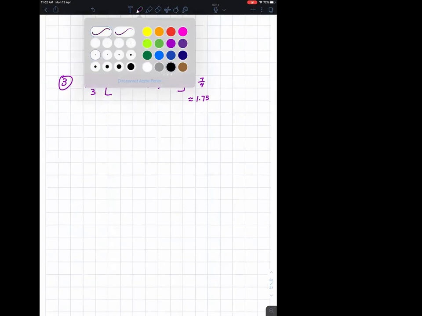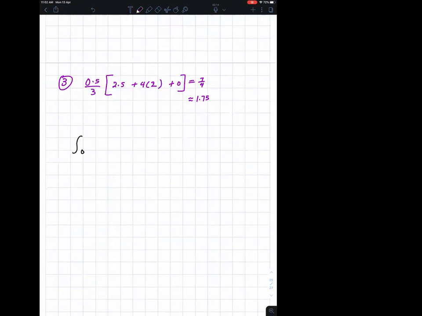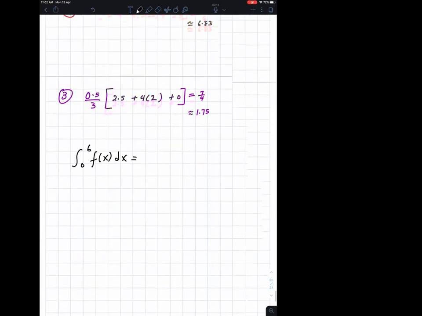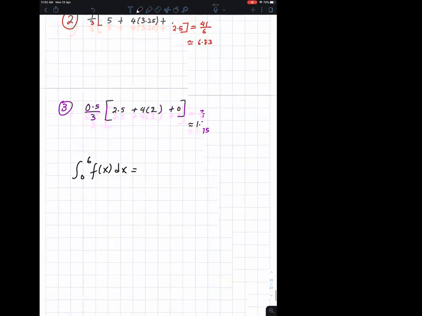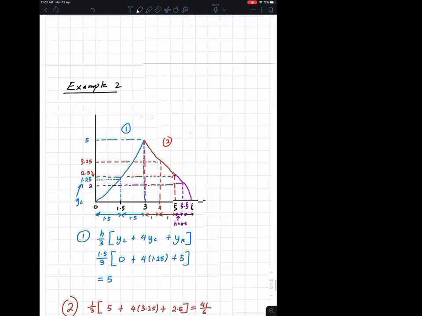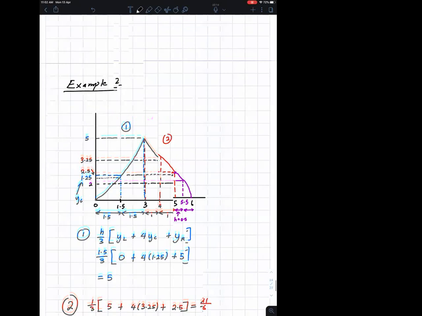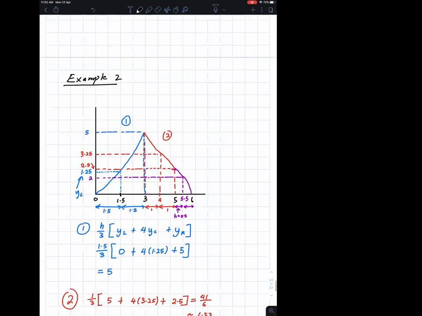To sum up everything, since it's going from 0 to 6, the integral of f(x) dx equals, you just add them up. 5 plus 6.83 plus 1.75.